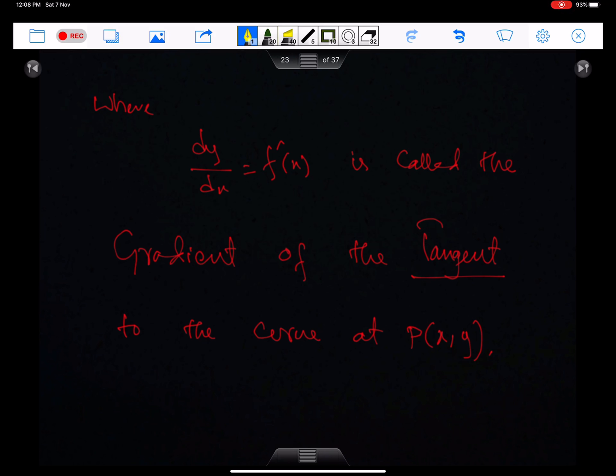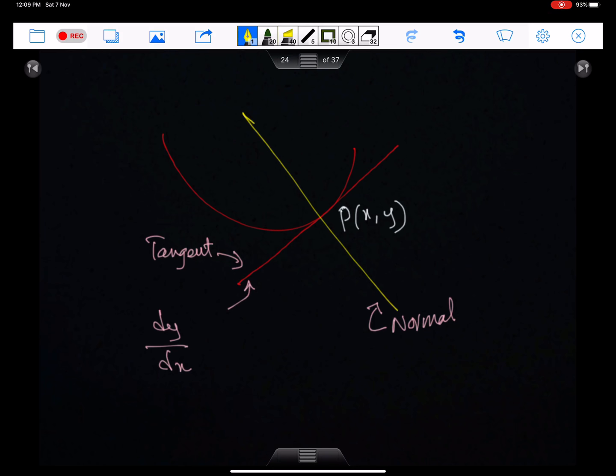Where dy upon dx, f prime x, is called the gradient of the tangent to the curve at any point P(x, y). So dy upon dx or f prime x is basically gradient of tangent to the curve at any point P(x, y). So if this is the curve, this is the tangent line.